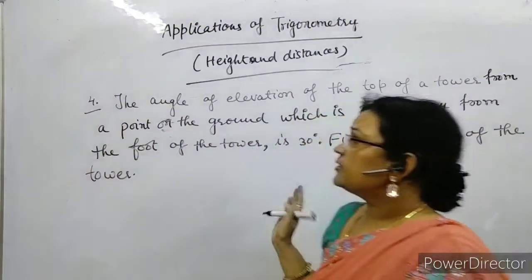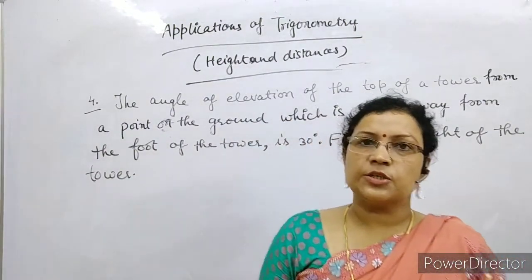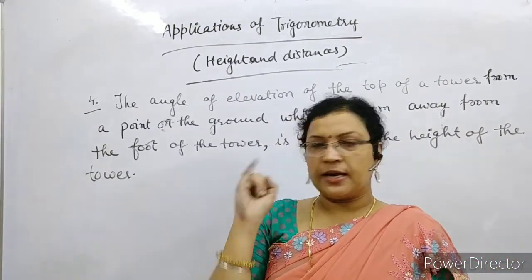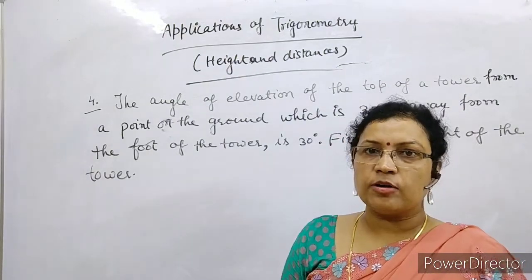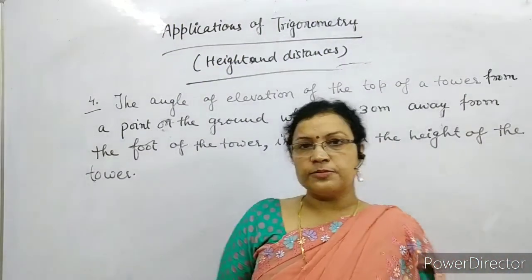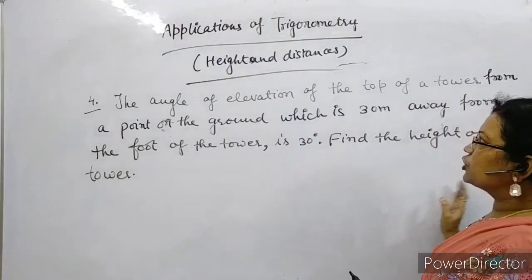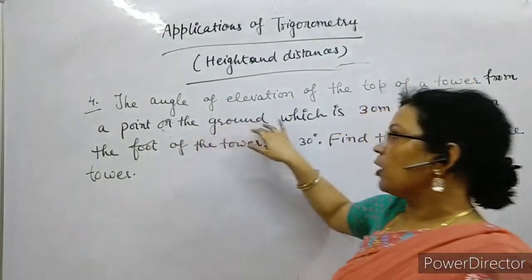One thing I would like to suggest: when reading a problem, we should first make a correct diagram, because you will get good marks for that also. And assumption is very important. Here it is given the angle of elevation of the top of a tower from a point on the ground.